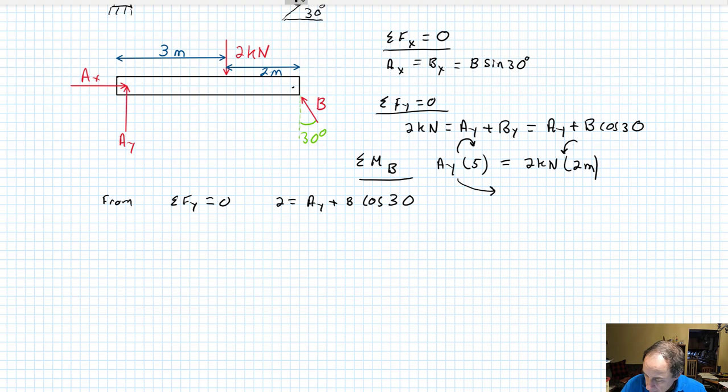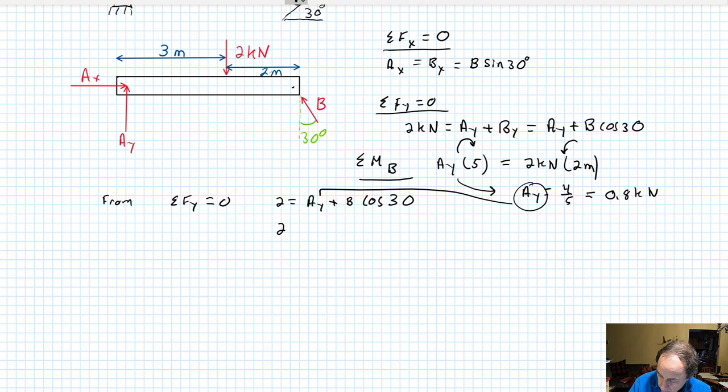All right, right here. This gives us AY. AY equals 2 times 2 divided by 5, which equals 0.8 kilonewtons. Okay, so coming back here, substituting this into here, this is 0.8 kilonewtons plus B cosine 30, and we can work that out and find B from that.